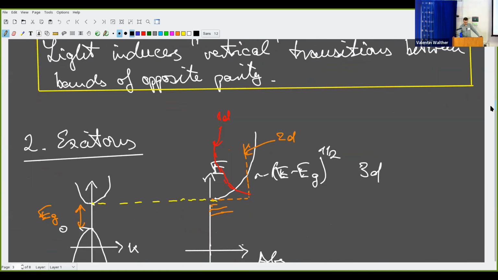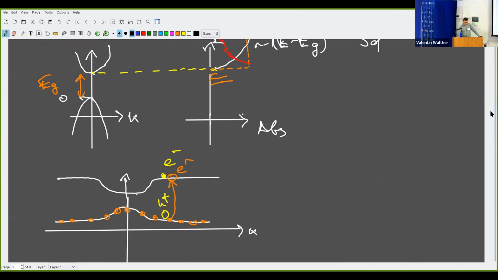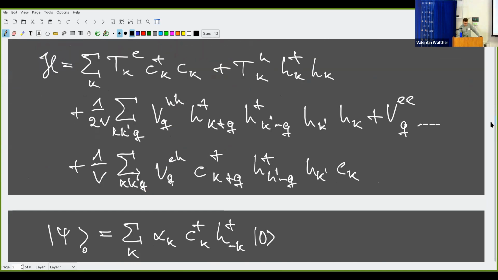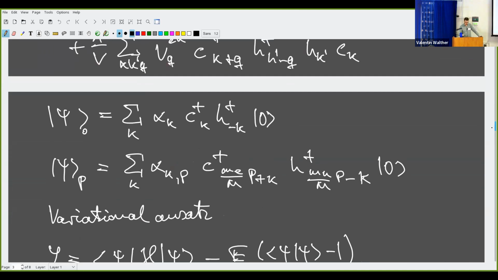Now these vertical transitions allow us to understand excitons. We saw that there are these excitonic states below the band gap, and today we'll see many more examples of that, and how we can formulate excitons. It turned out that an excitonic state consists of vertical band transitions of an electron and a hole with this relative wave function alpha k.